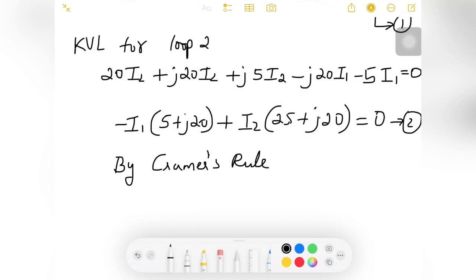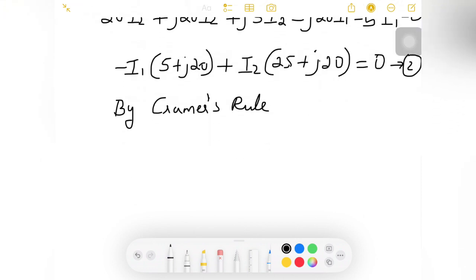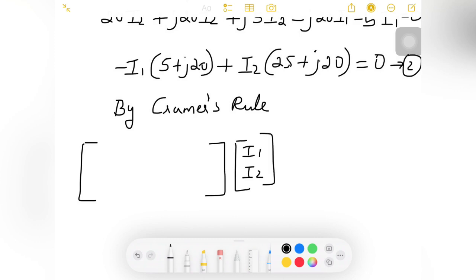In Cramer's rule, we first write the determinant for the given equations. There are two equations, so I will write a matrix with respect to I1 and I2, equated to the right-hand sides. I take I1 as the first coefficient and I2 as the second.